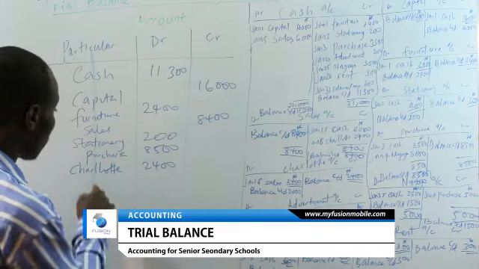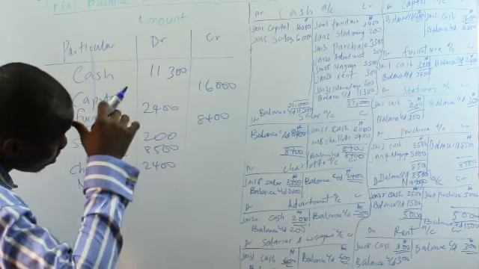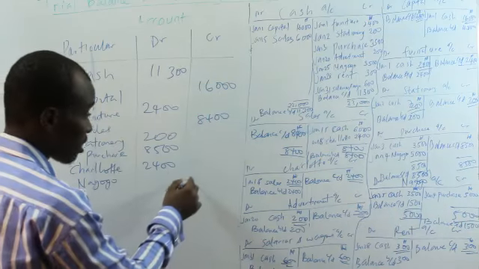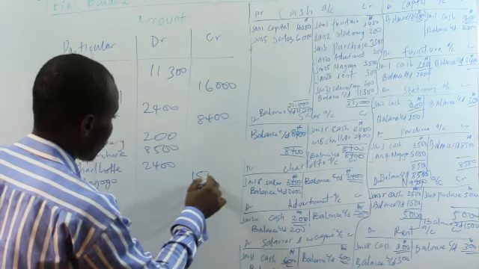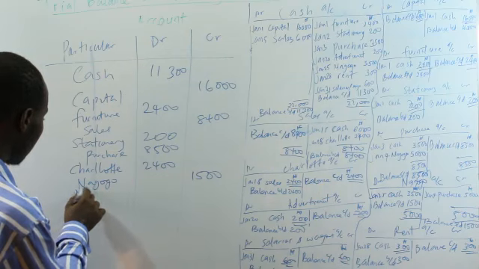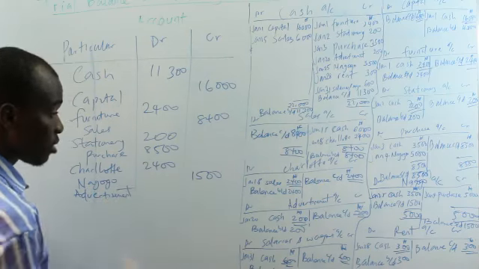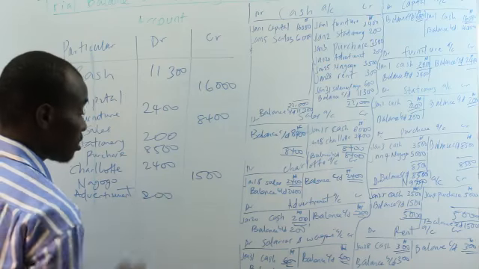Thereafter we have the creditor, so that has a credit balance of 1,500. Thereafter we have advertisements. So that has a debit balance of 200.